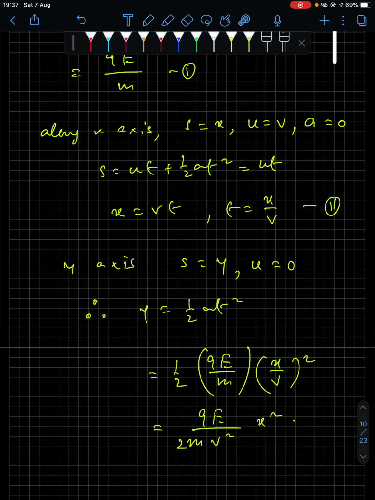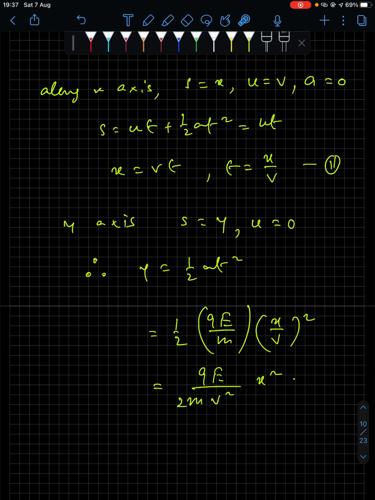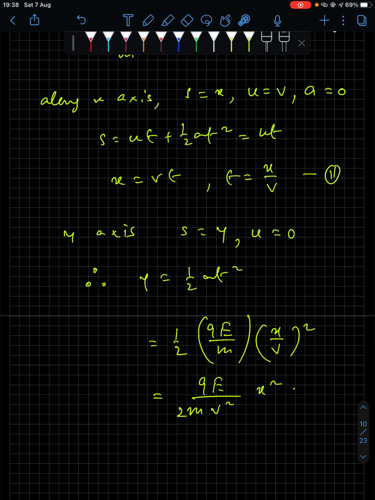Now you notice one thing: charge is constant for the charged particle, electric field is uniform, therefore it is constant, mass of the charged particle is constant, and initial velocity and final velocity are the same, so v is also constant. This v was constant because this v was along the x-axis, and this t is coming from the x-axis part.